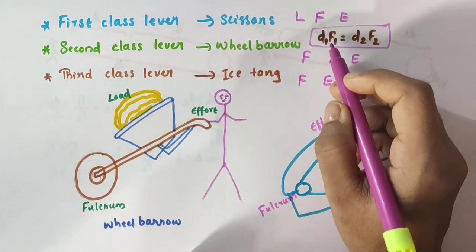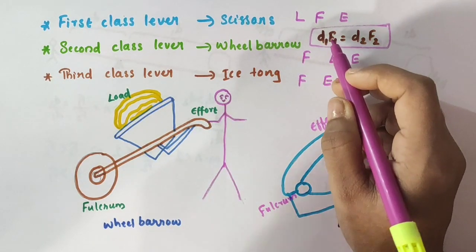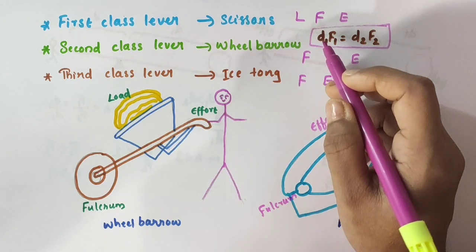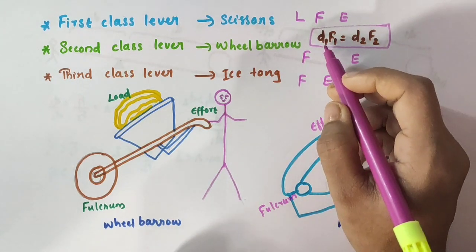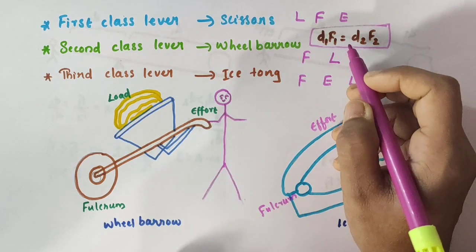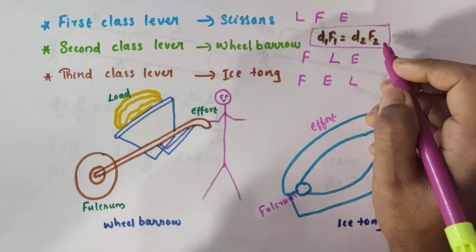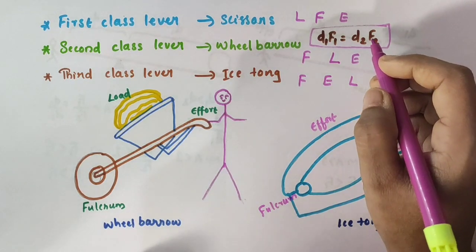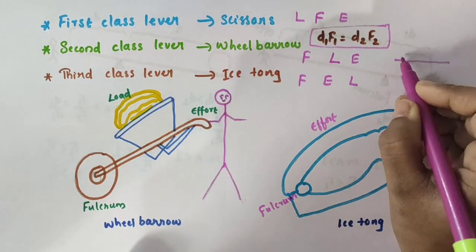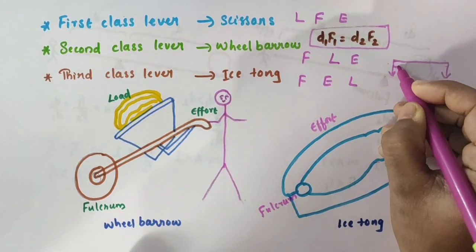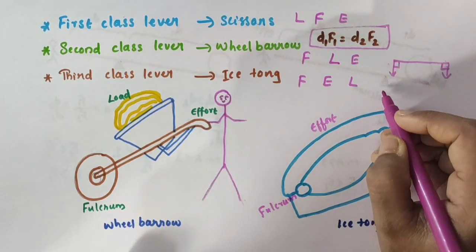The principle of moments that was actually given by equation number 3: load arm into load is equal to effort arm into effort. That holds even when the parallel forces F1 and F2 are not perpendicular but act at some angles to the lever. Earlier, the lever was here and F1, F2, two parallel forces, were perpendicular to the lever.